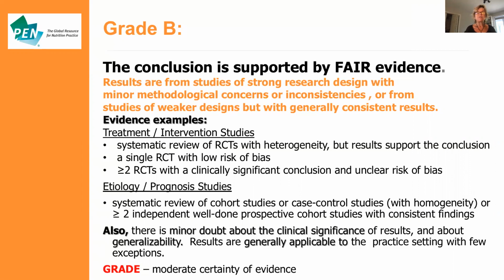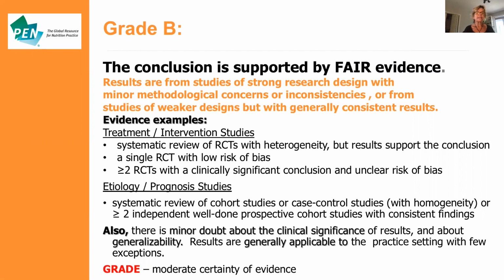We might have a single clinical trial, but a very well done, low risk of bias trial, or some multiple clinical trials that have a clinically important conclusion, but were a little less clear, an unclear risk of bias.